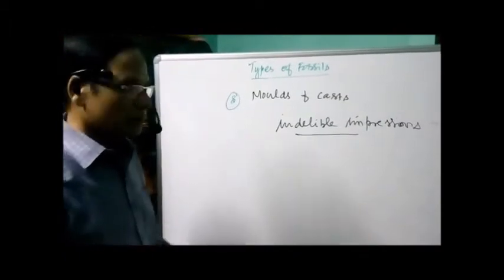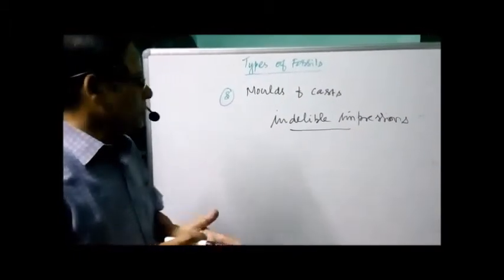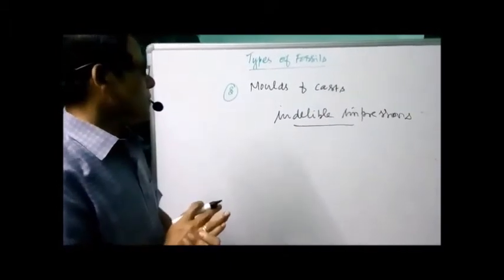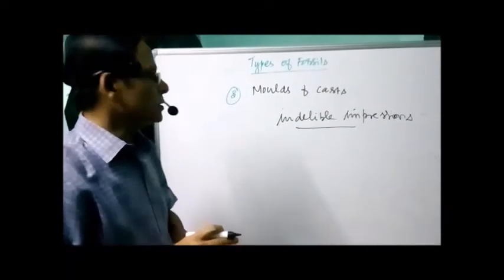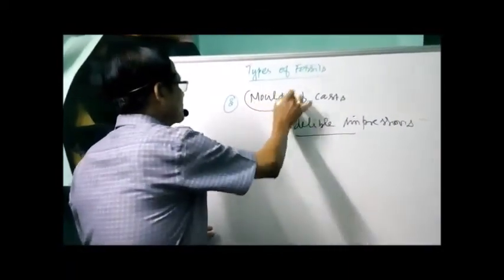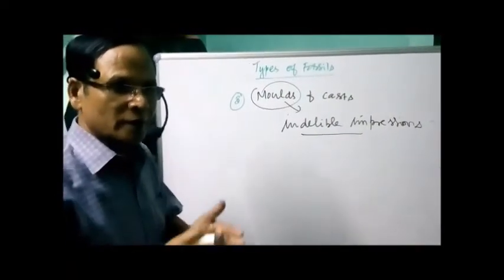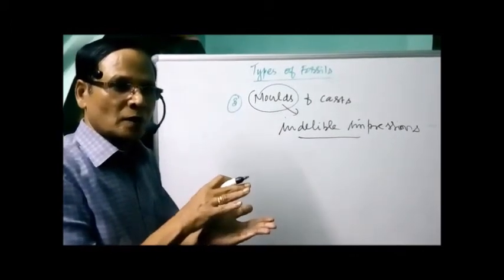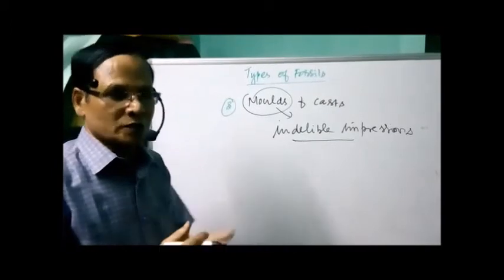Just imagine that when an elephant walked on soft mud, it left indelible impressions in the form of its foot. Such impressions formed on the soft mud are called molds. Either the elephant or a tiger walked, they left the shape of a palm or the foot. That is called indelible impressions or cavities.